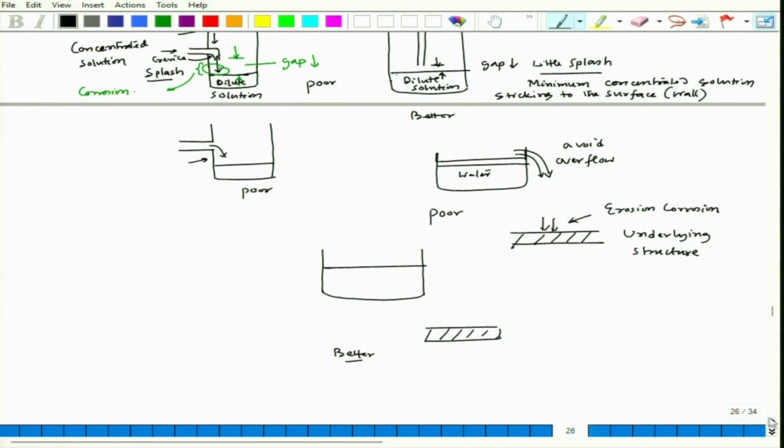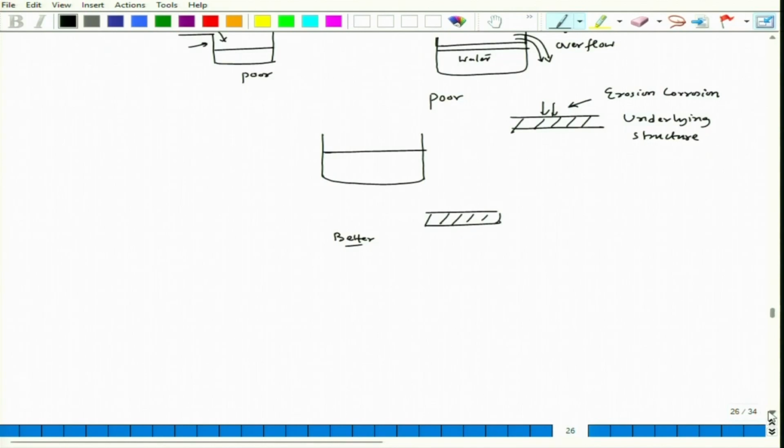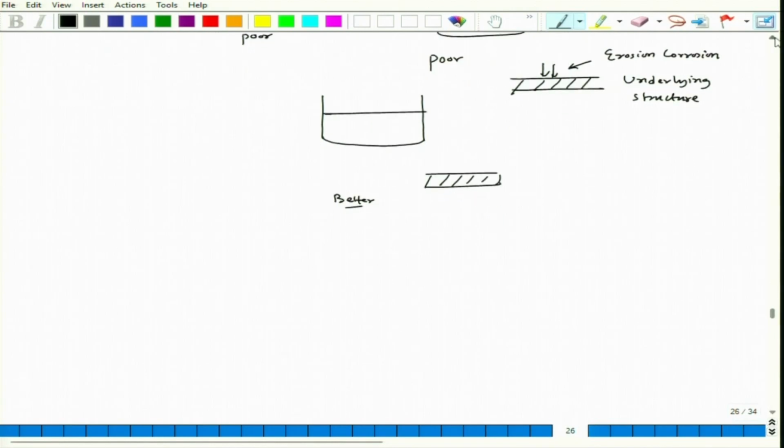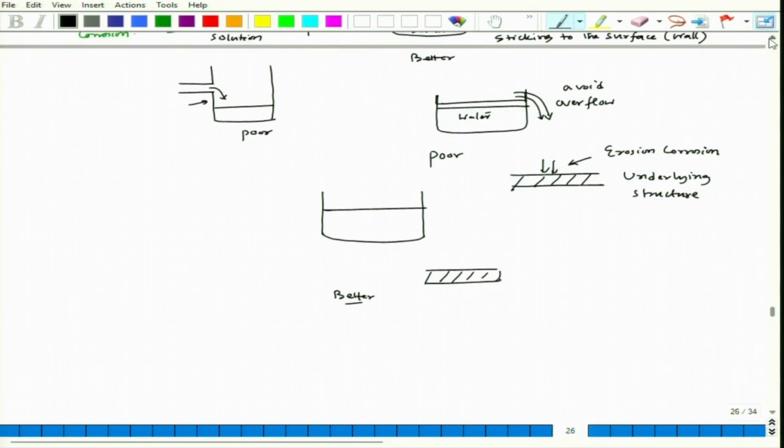Fine. So, this is related to impingement or splash related problems. So, we will discuss more such problems, as well as what could be the way out to avoid those problems related to design aspects.